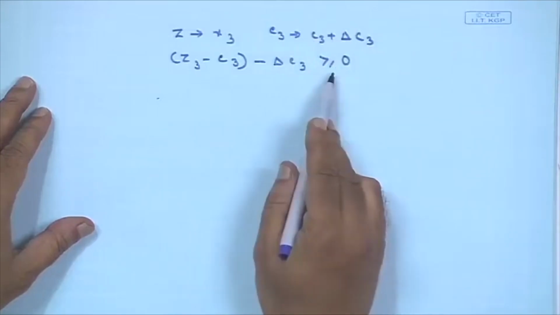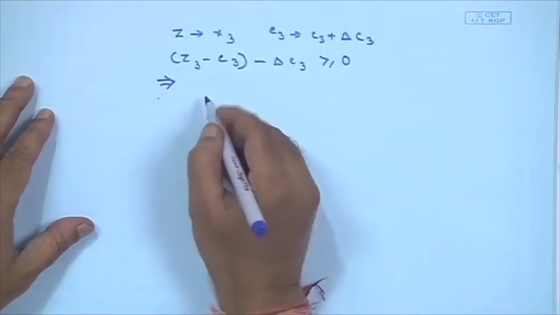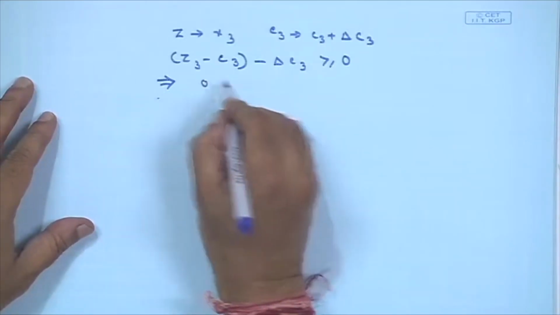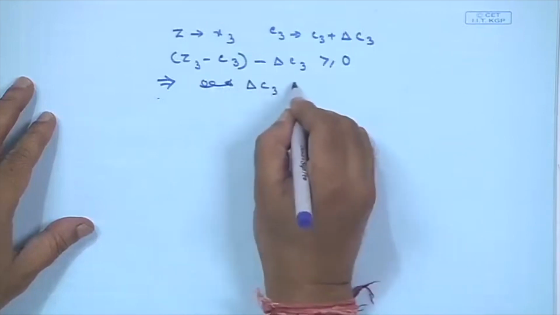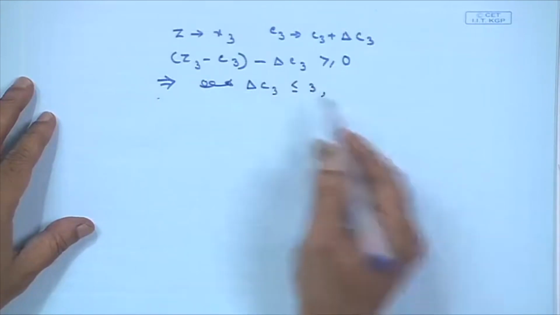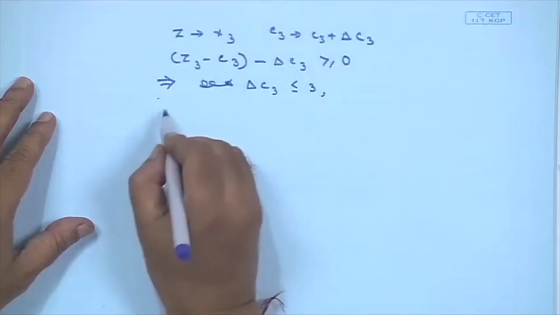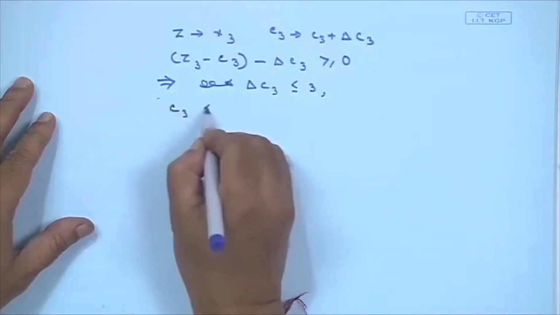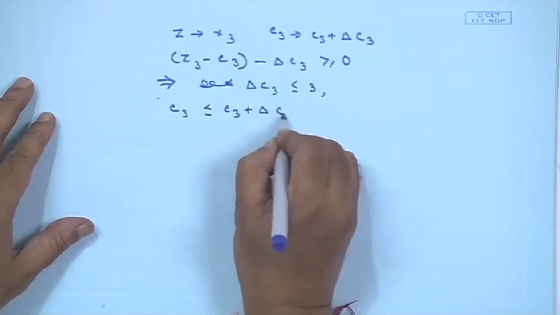This should be greater than or equal to 0, which implies immediately you can tell that del C3 should be less than or equal to 3, since Z3 minus C3 is nothing but C3. So, therefore, your C3 less than or equal to C3 plus del C3.